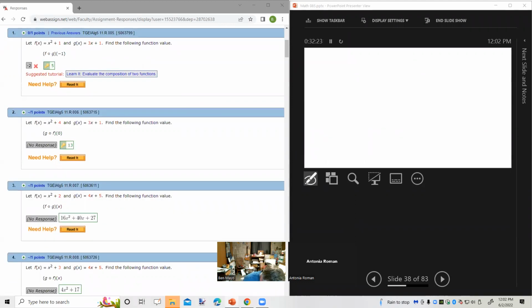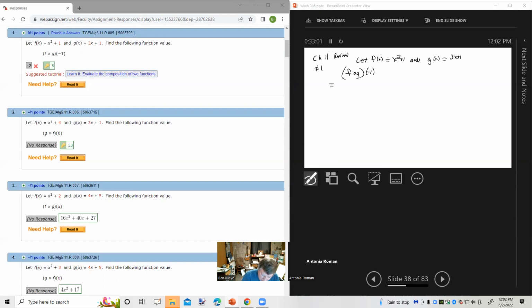Okay, so this is the chapter 11 review. And this is number one. It says, let f of x equal x squared plus 1 and g of x equal 3x plus 1. Find the following function value. F composed with g of -1.